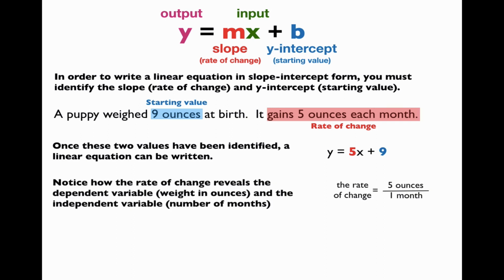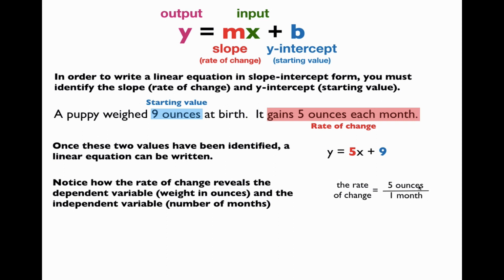Now, I want you to notice how the rate of change reveals the dependent and the independent variables. So if you're given a situation like this and you want to identify what are the independent and dependent variables, well, this 5, all right, written as a fraction is 5 over 1. Now we know that since this is 5 ounces each month, ounces is our numerator and month is the unit of our denominator.